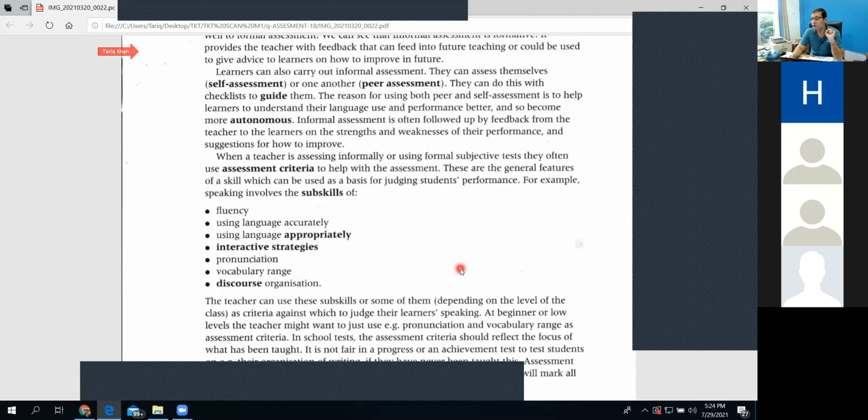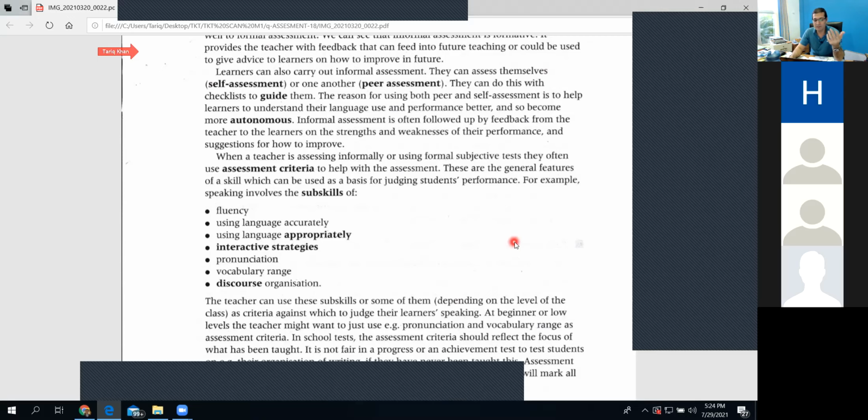From the examination point of view, you have to know what is formative assessment, what is summative assessment, what is formal, what is informal, and diagnostic assessment, and the difference between them. That is the thing you need to keep in mind. Subjective, objective approach, these are examination point of view things.